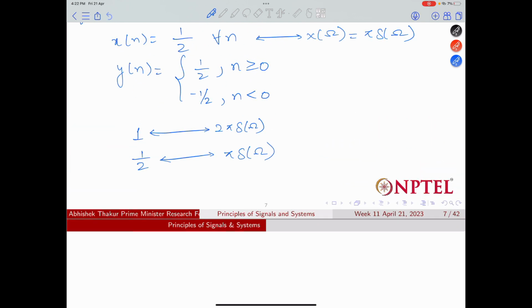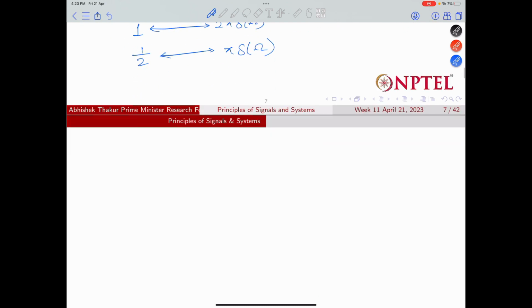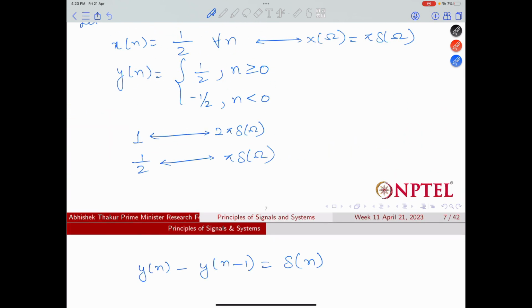Now y of n is equal to half, so we can write y of n minus y of n minus 1 is equal to del of n, because y of n is minus half.